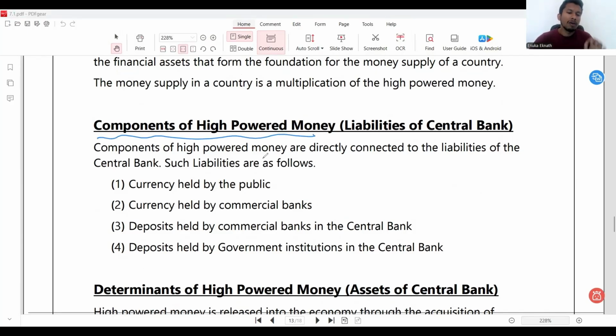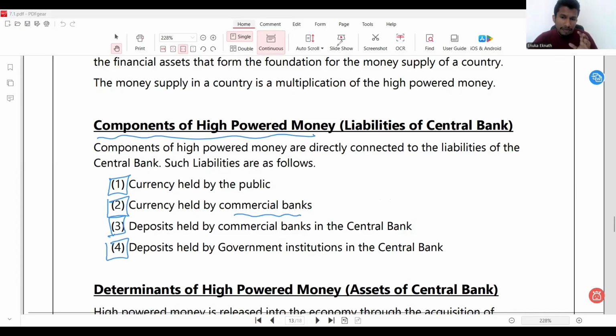We have four components. The first one, currency held by the general public. Second, currency held by the commercial banks, the cash reserves held by the commercial banks. Third, deposits held by the commercial banks in the central bank. The fourth, deposits held by the government institutions in the central bank.